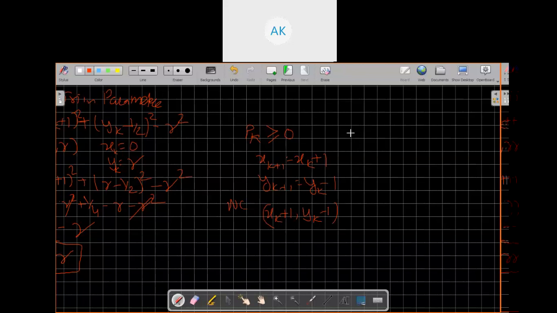And if your pk value is less than 0, a negative value, then xk plus 1 will be xk plus 1 and yk plus 1 will be yk. Means the next coordinate we will choose is xk plus 1, yk. This is all about the midpoint circle algorithm.